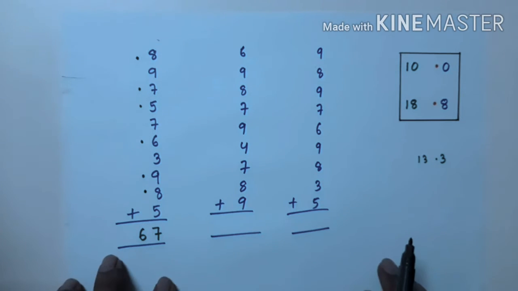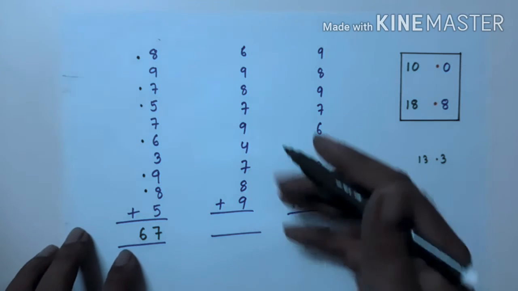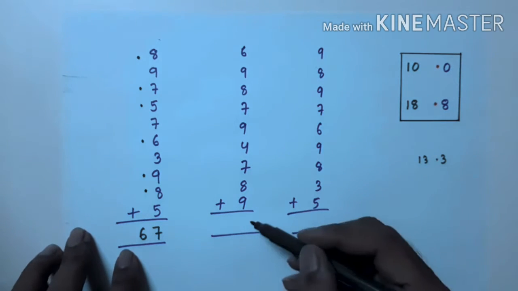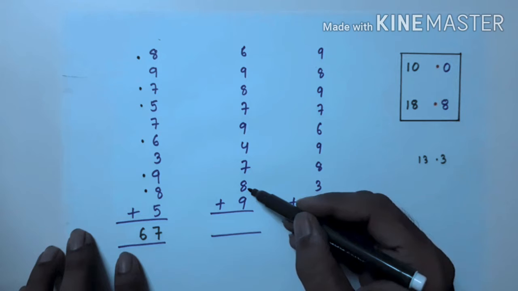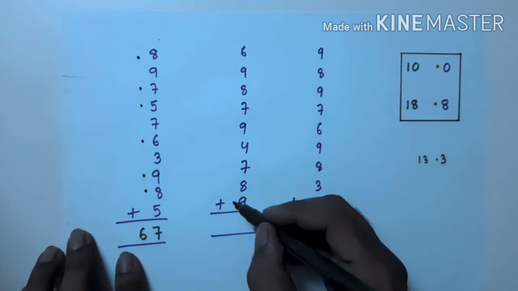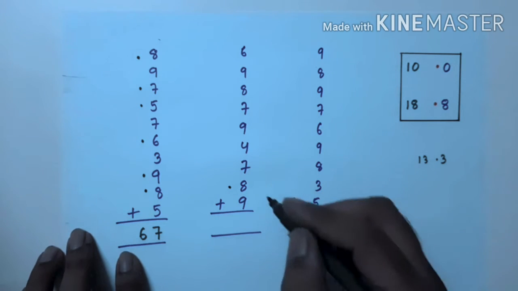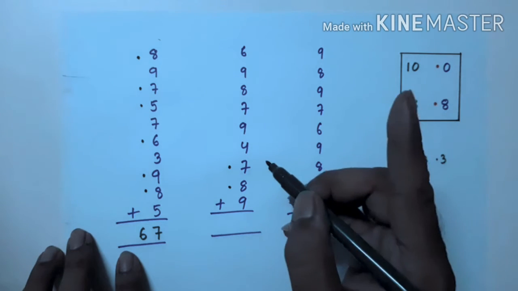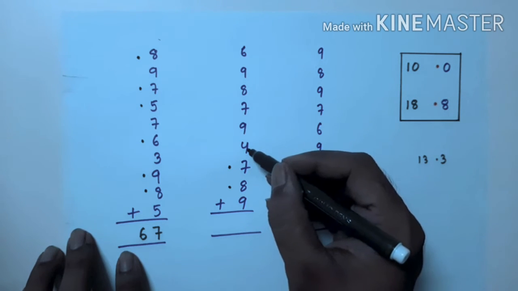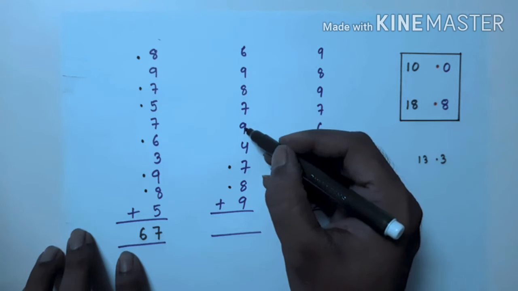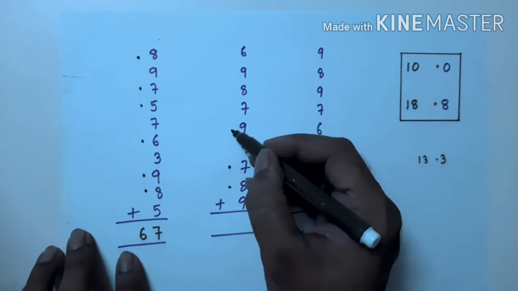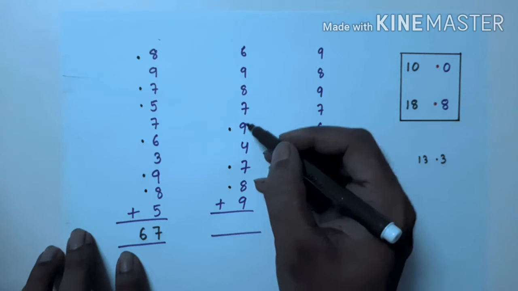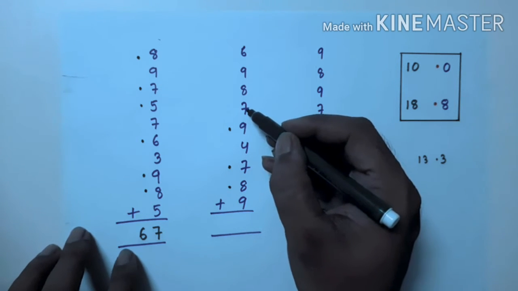Next, let's do another one. We can see here. So let's start with 9. 9 plus 8, 17. Dot 7 in the mind. 7 plus 7, 14. Dot 4 in the mind. 4 plus 4, 8. 8 plus 9, 17. 17 means dot 7. 7 in the mind. 7 plus 7, 14.